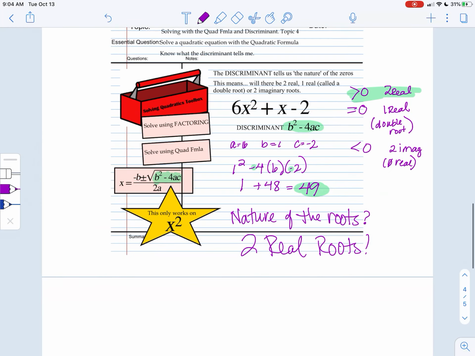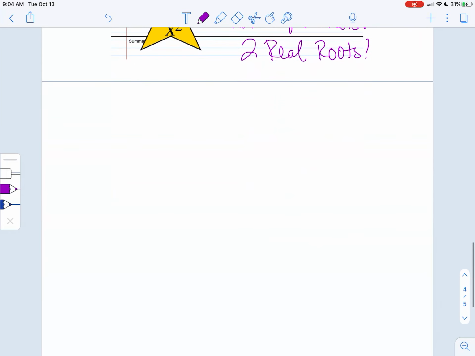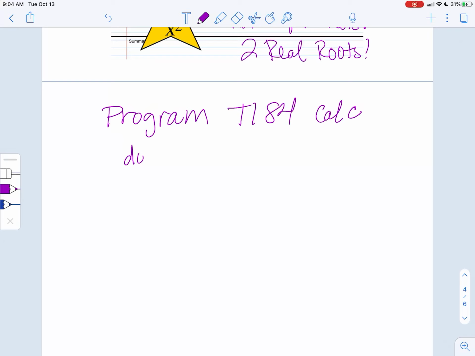One last thing that I did not go over, and I want to let you know, is that you can program that TI-84 calculator on your Chromebook to do the quadratic formula for you. Okay, that's acceptable. Here's the deal. I'm not going to tell you how.